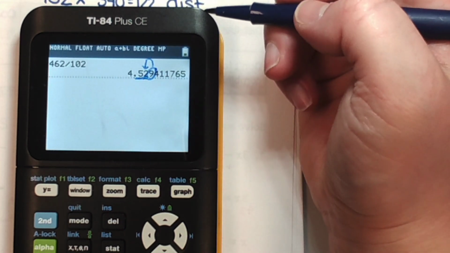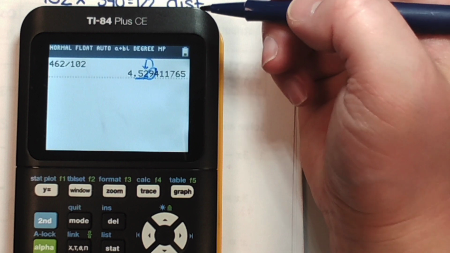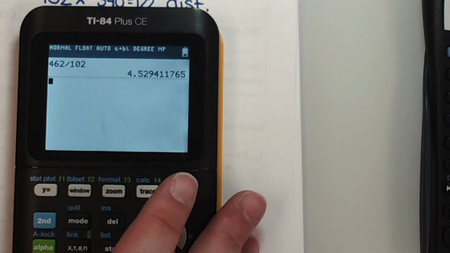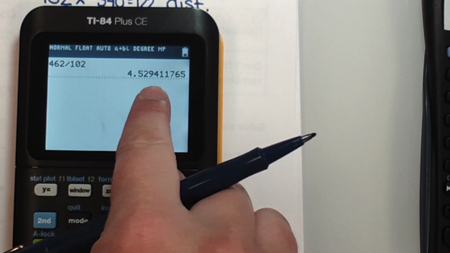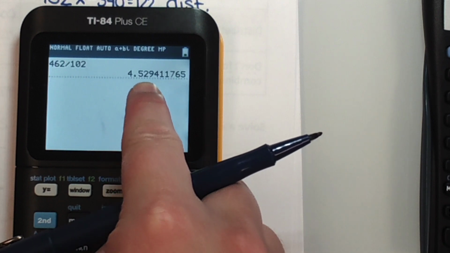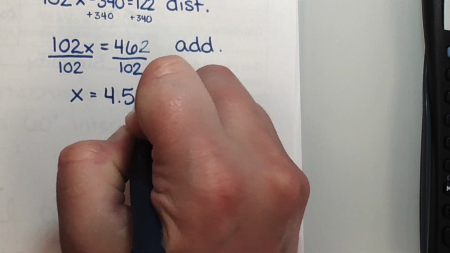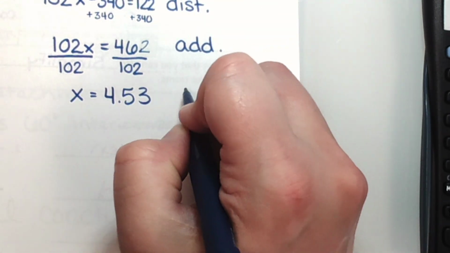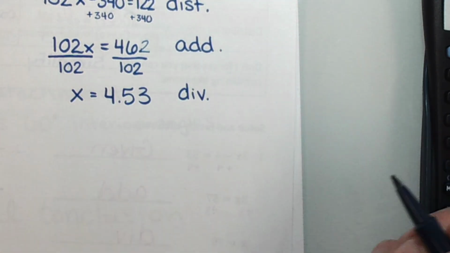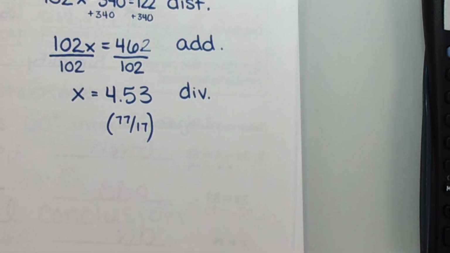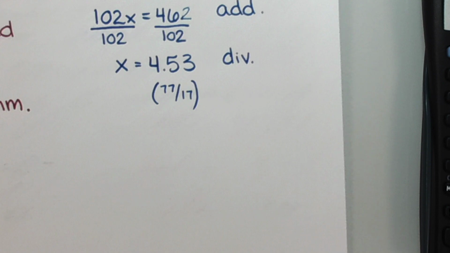If not, the number before it stays the same. Does this sound familiar? So, be careful of your rounding rules. In this case, the 9 was bigger, so the 2 does increase by 1, and it becomes a 3. 4.53. How did we get there? We divided. If you wrote 77 over 17, that's perfectly fine too. If you're going to do a fraction, make sure it's simplified.